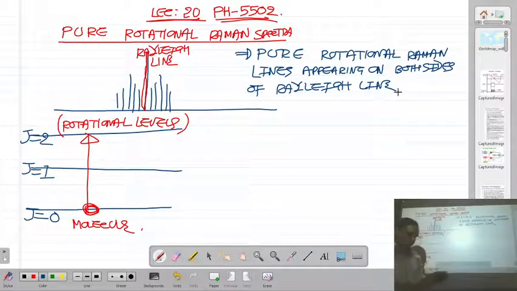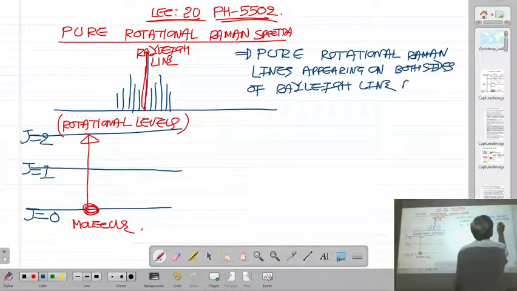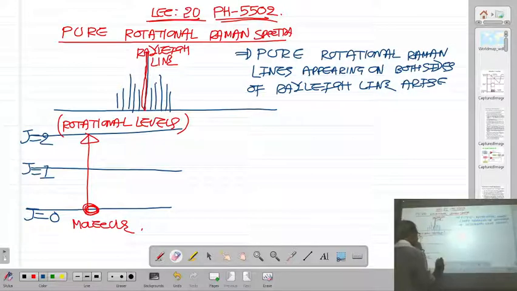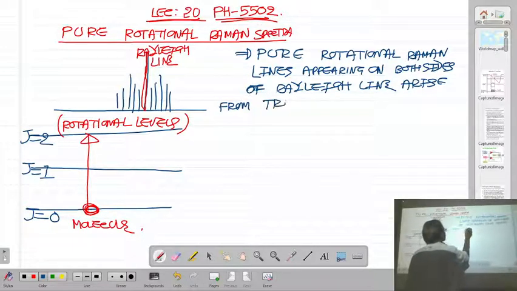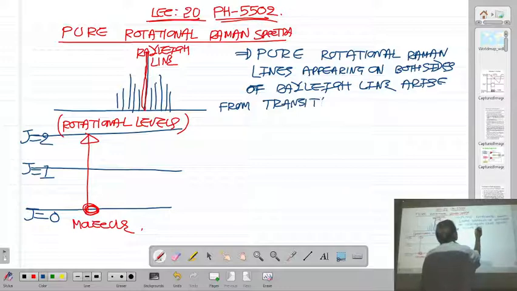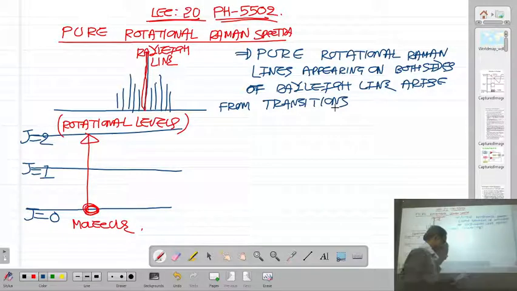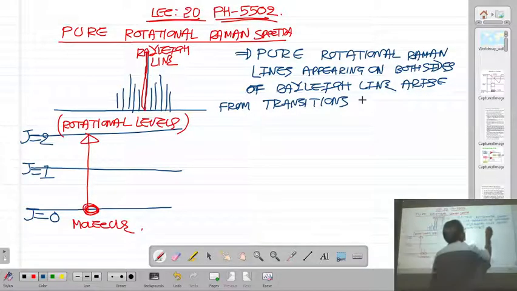Okay, arise from transitions of the molecule.